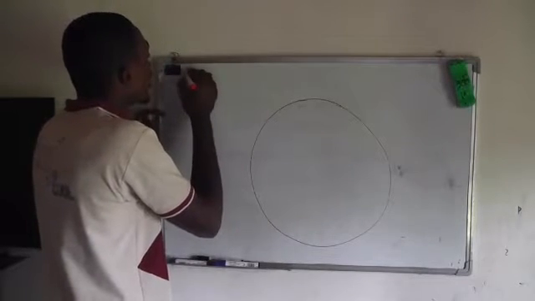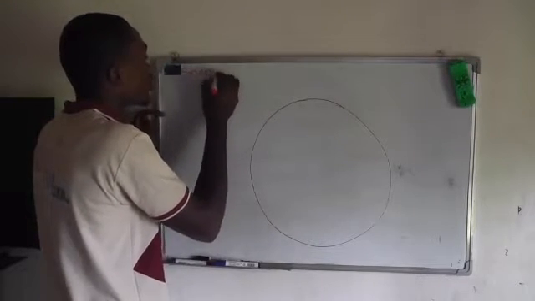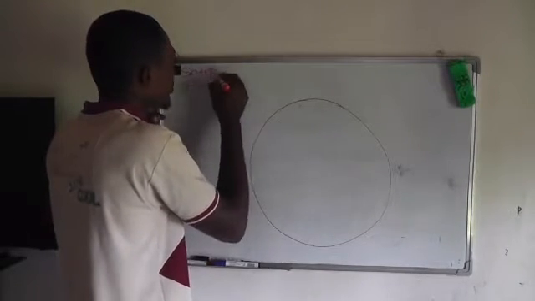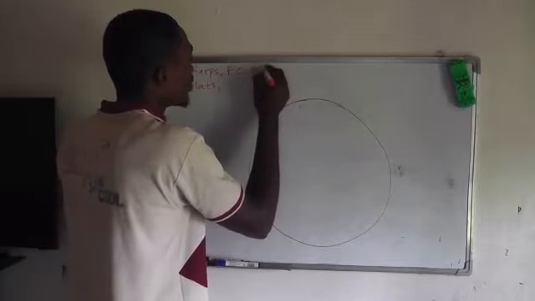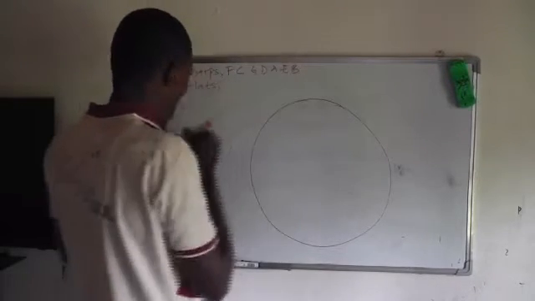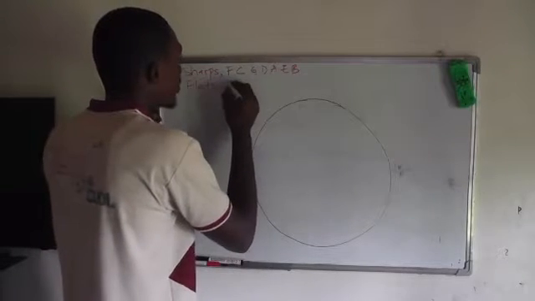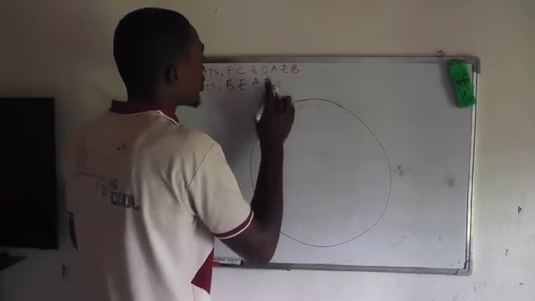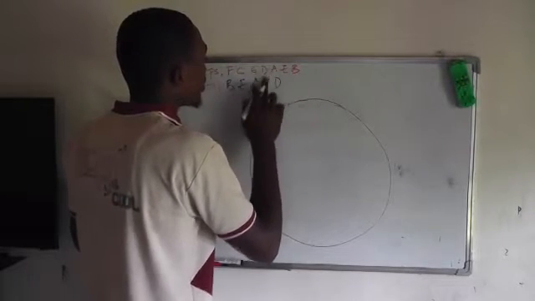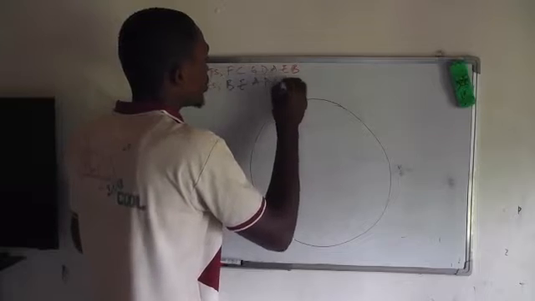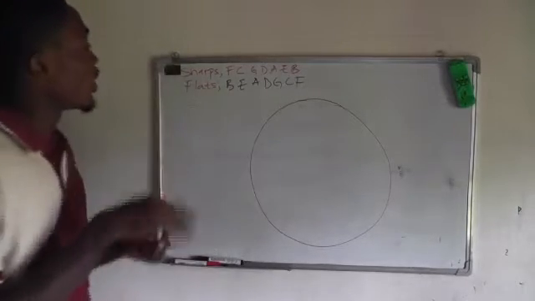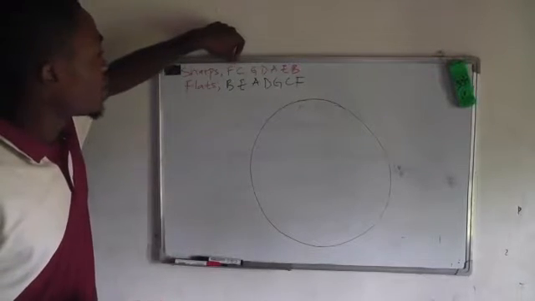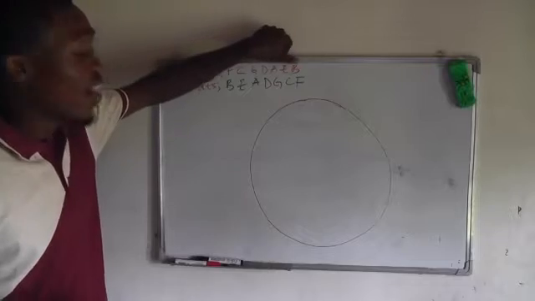So for sharps and flats, the order of sharps is actually F, C, G, D, A, E, and B.